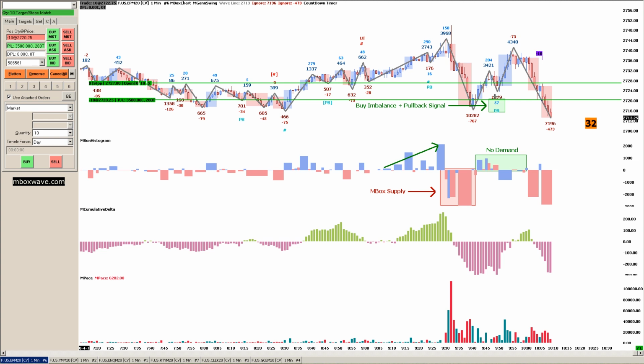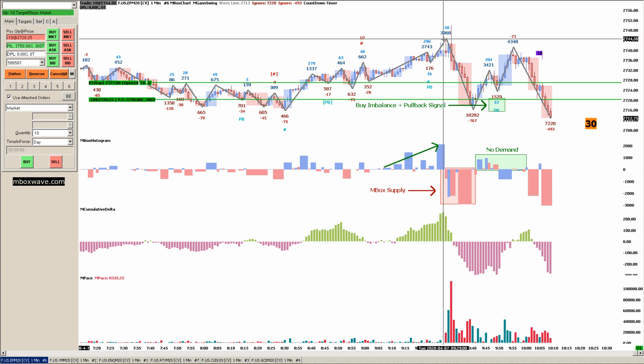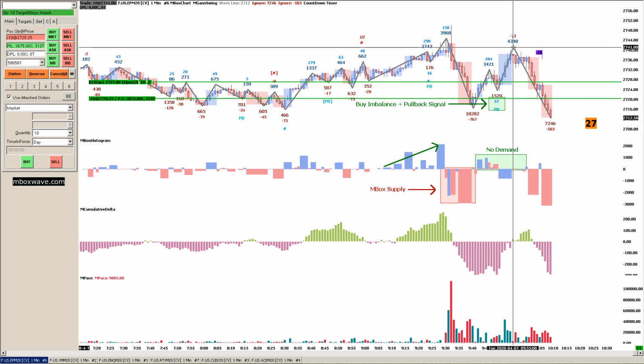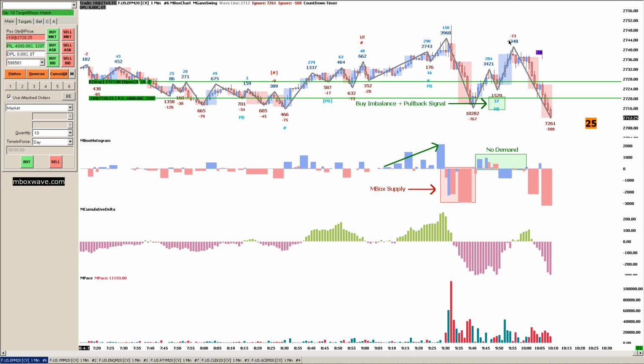And in fact, when we reached this point here, it wasn't a higher high, but it was a swing high. When we reached here, we had a sell imbalance right here, this minus 73, and we had a sell imbalance here in the MBox delta because the blue box is below 0.